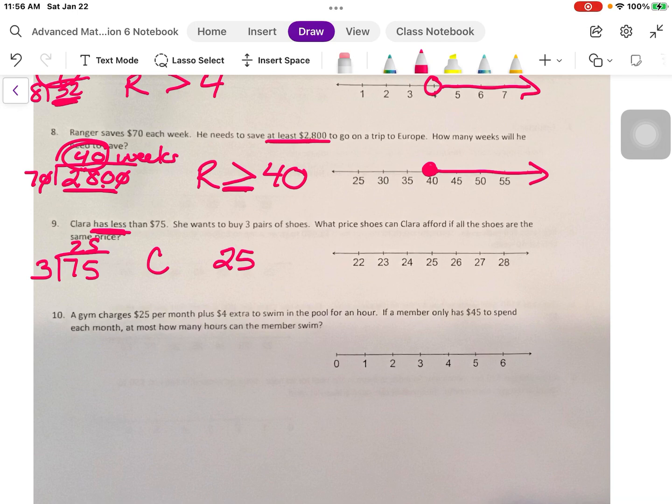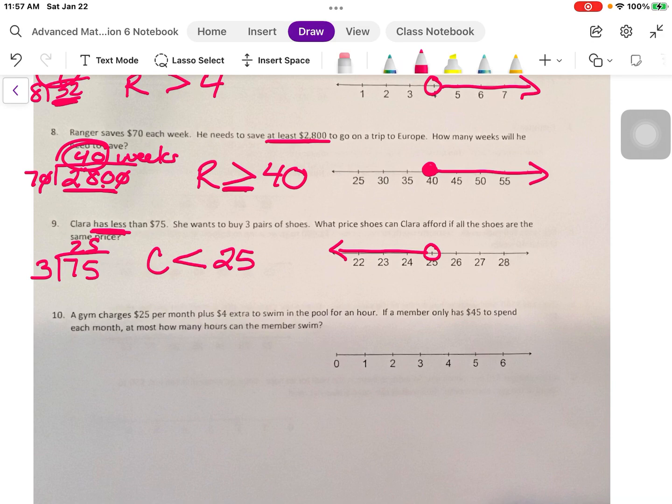We don't know how much less, but she has something less. So the price of the shoes is going to have to be less than $25. We don't know how much less. It's just going to have to be less than 25 because she has less than 75. So it can't equal that. To graph it, we go to 25. We get an open circle. And C is going to have to be less, or Clara's going to have to spend less than 25 bucks a pair.